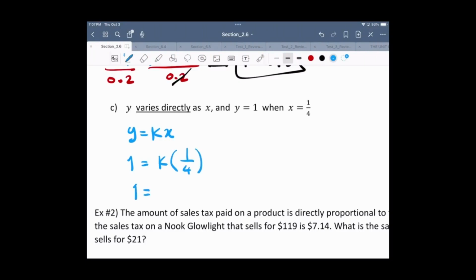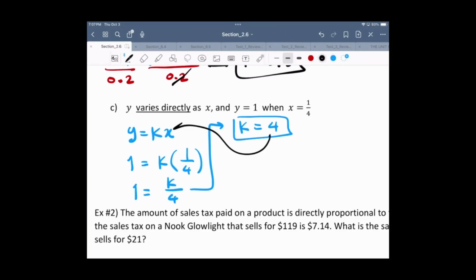In other words, we have 1 equals k over 4, and then we have k equals 4, right? We found the constant of variation. Now let's plug that into our equation to find y. So we have y equals 4x. And that's our equation of variation.